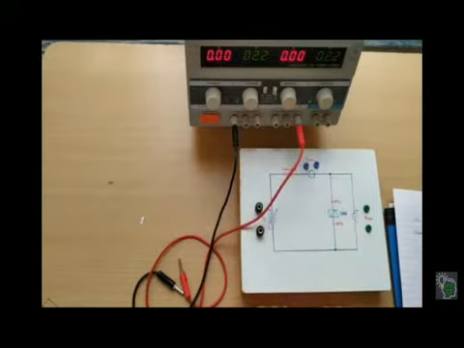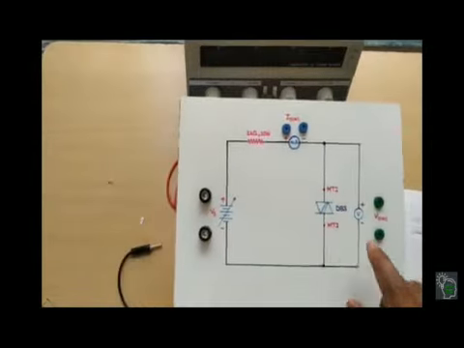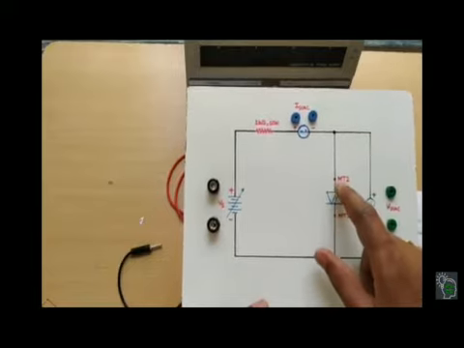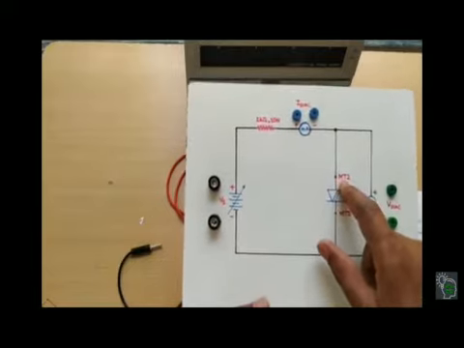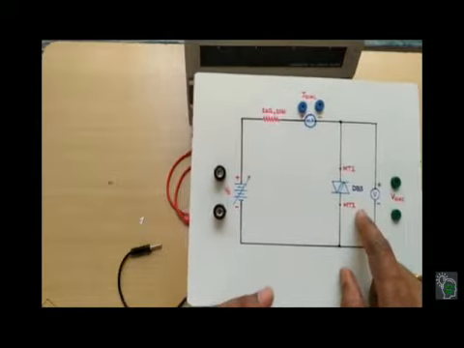Now we are connecting the multimeter here. First we are giving the positive supply to MT2 and the negative supply is connected to MT1.